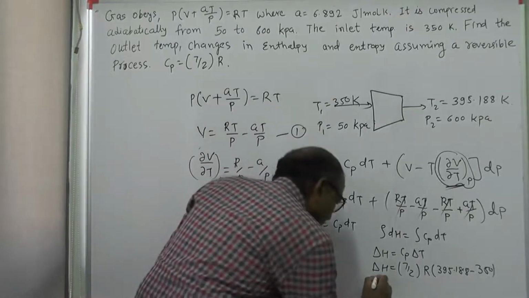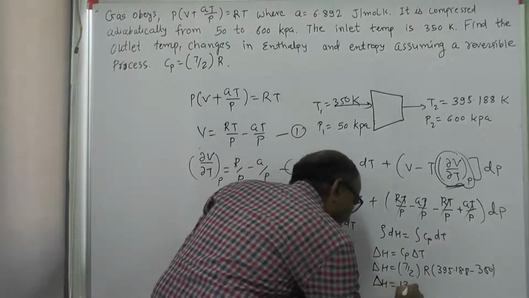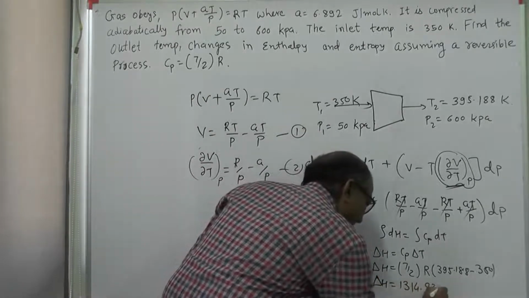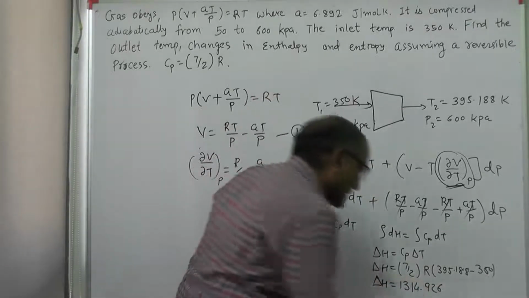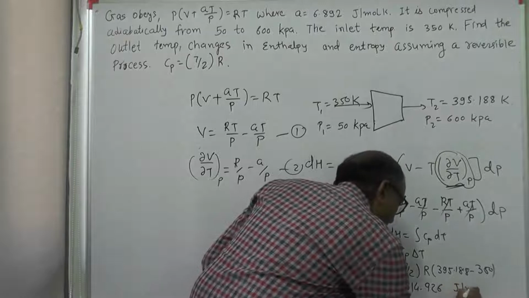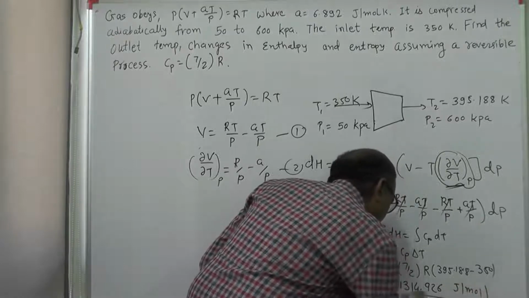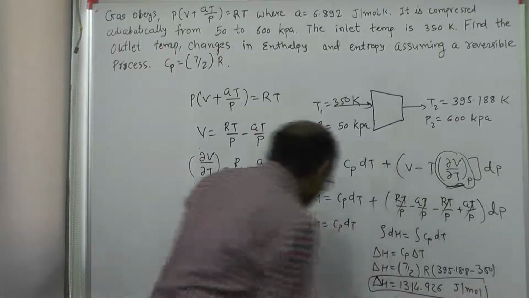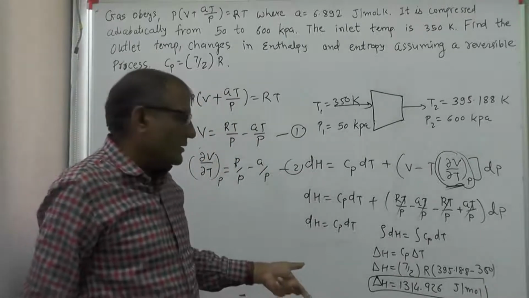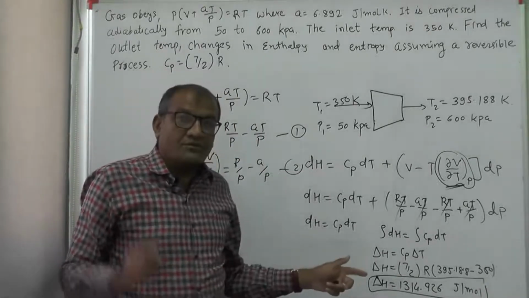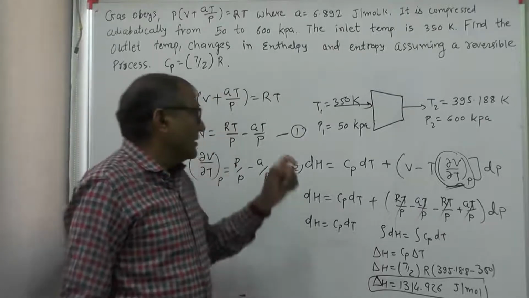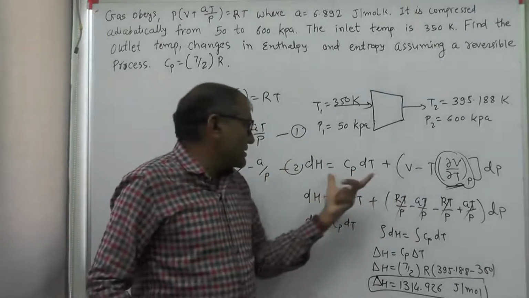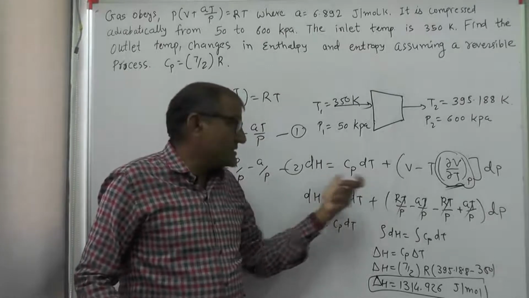The final answer would be 1314.926 joule per mole. This would be the change in enthalpy. This would be different from the change in enthalpy for an ideal gas, and this is the application of this equation.